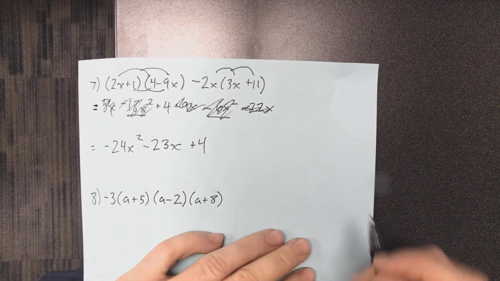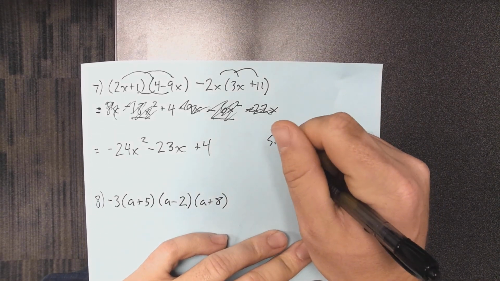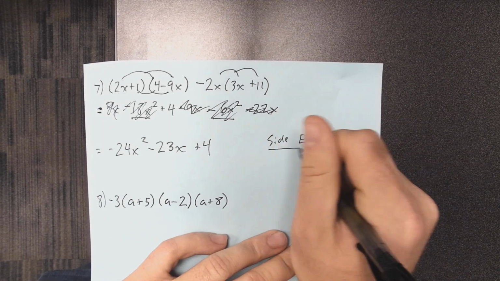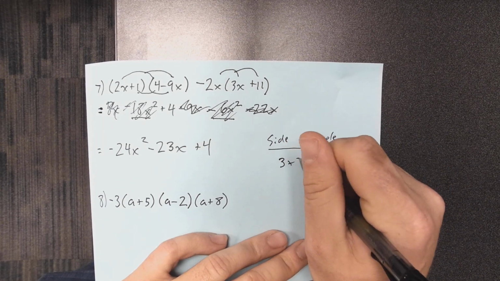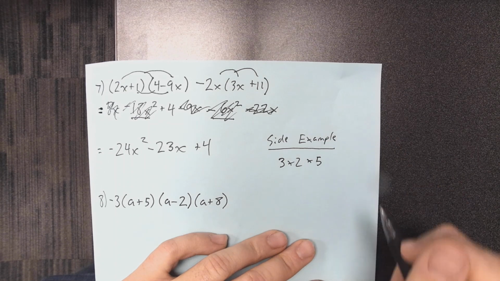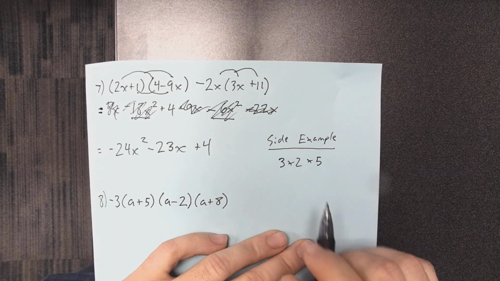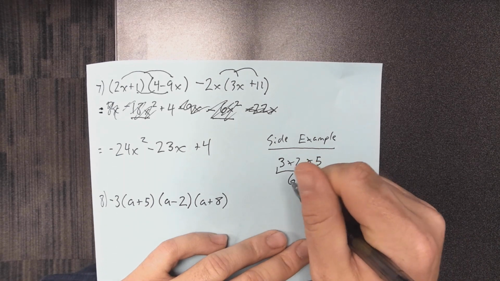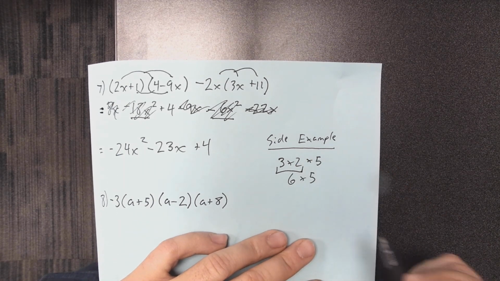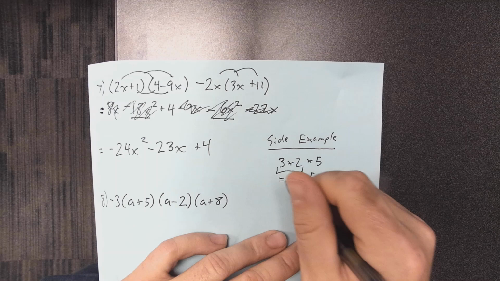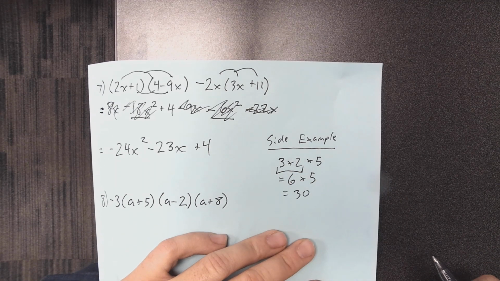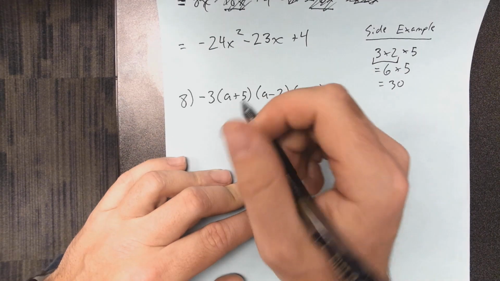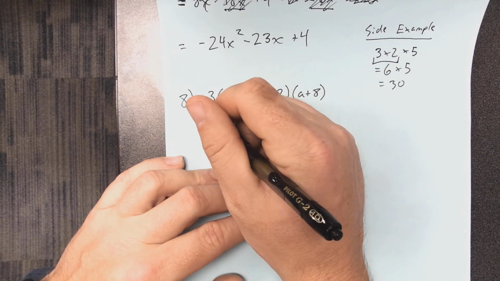This is an off to the side example. If I asked you to do 3 times 2 times 5, you wouldn't multiply all three at once. You would multiply two at a time. 3 times 2 is 6, bring down the 5. 6 times 5 is 30. That's how you do it. We're going to do the same exact thing here. We're only going to multiply two things at a time.